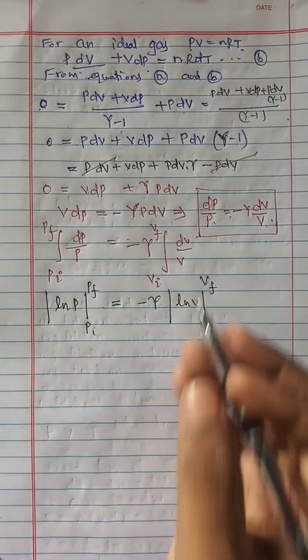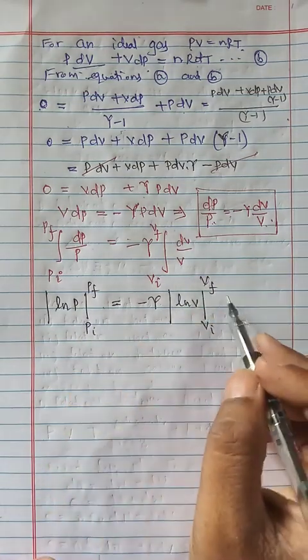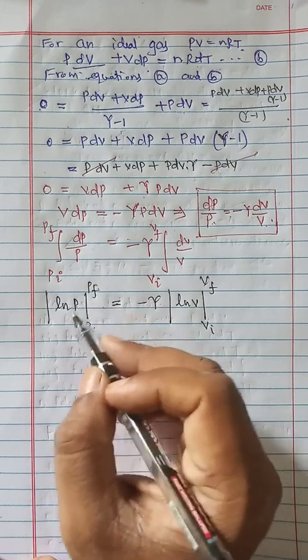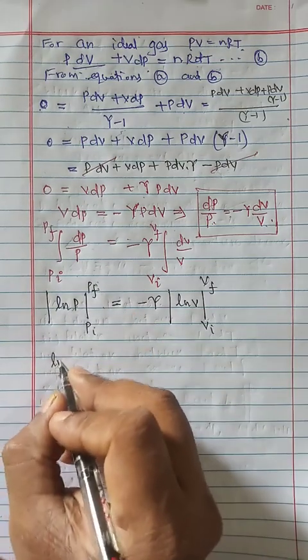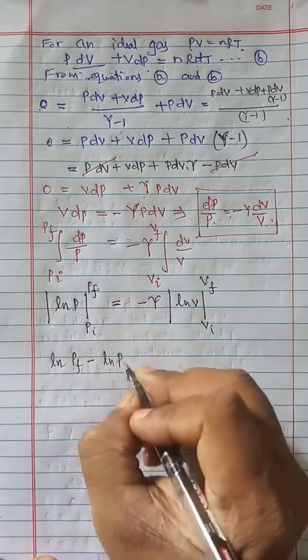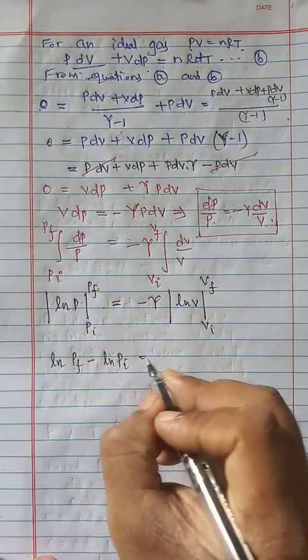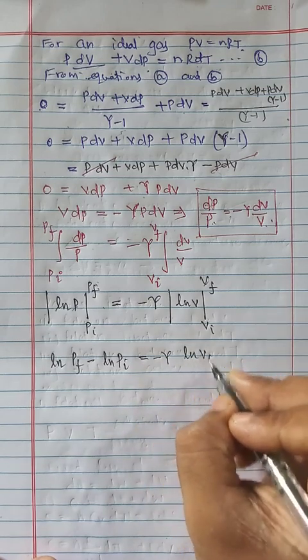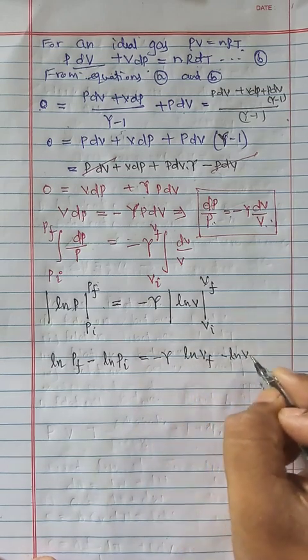After that, children, your duty is to apply the limits, upper limit minus lower limit: ln Pf minus ln Pi is equal to minus gamma times ln Vf minus ln Vi.